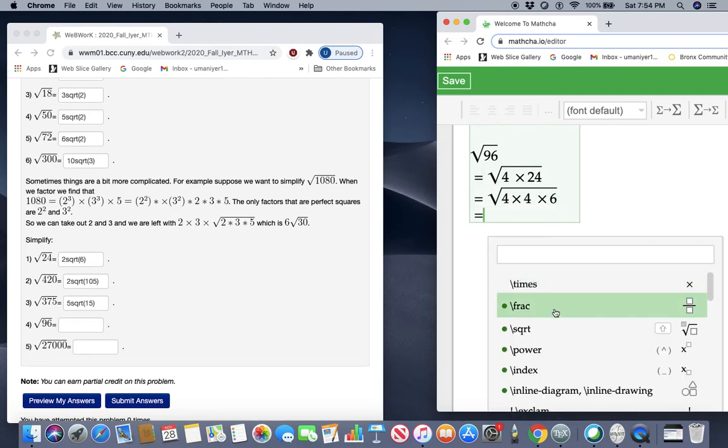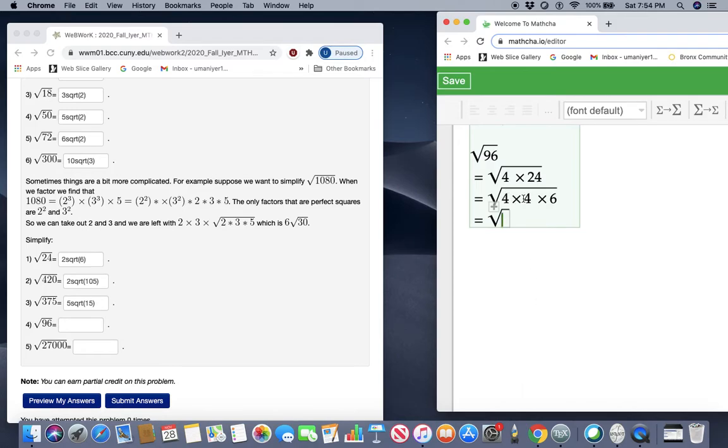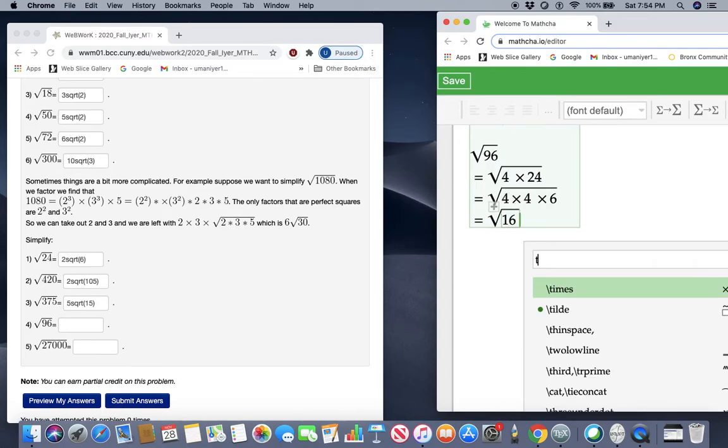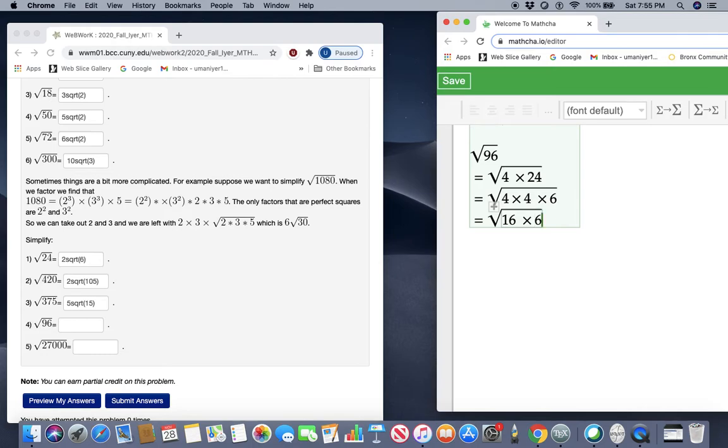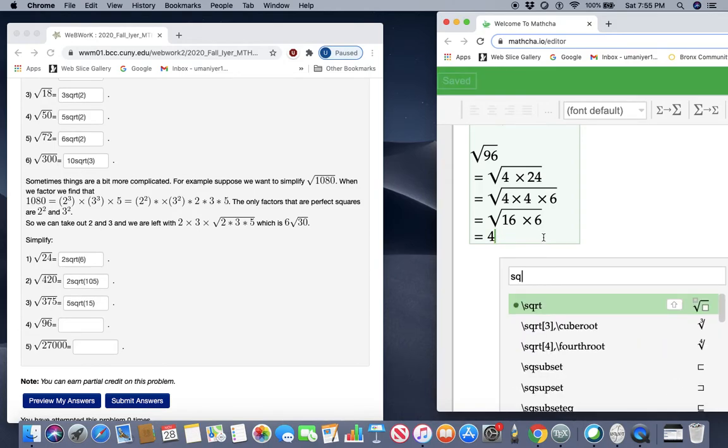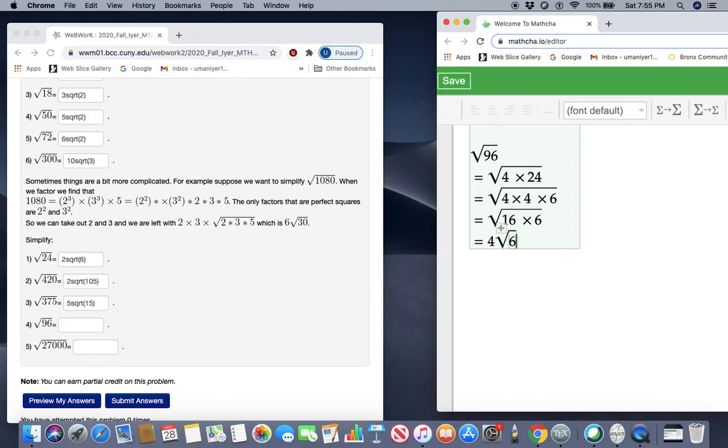So notice 4 times 4 is 16 times 6 if you like. So square root 16 is a 4. Square root 6 cannot be improved. So 4 square root 6.